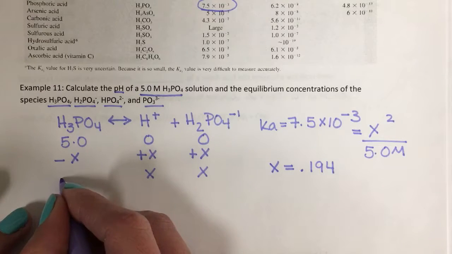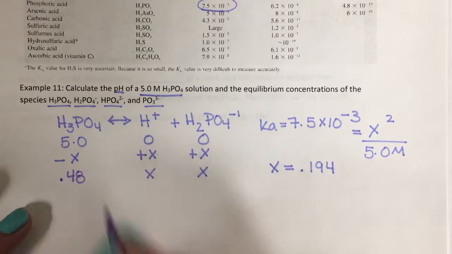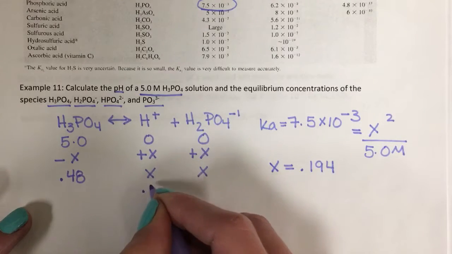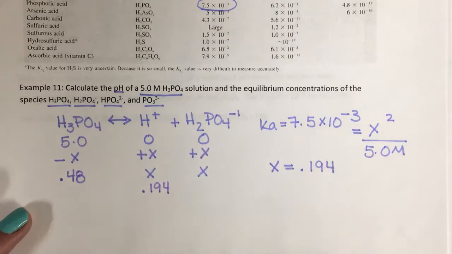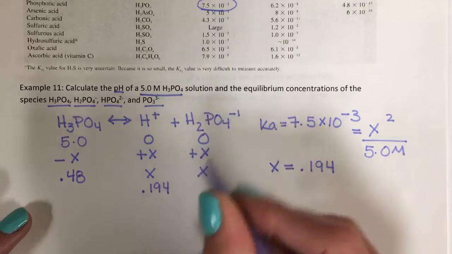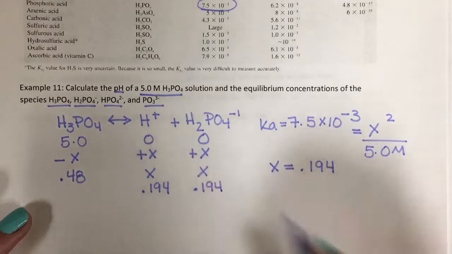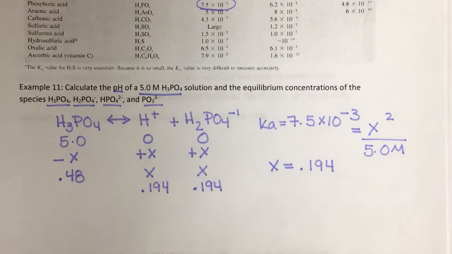So that gives me 0.48. I said that my H+ concentration is 0.194. And my H2PO4 concentration at equilibrium is 0.194.